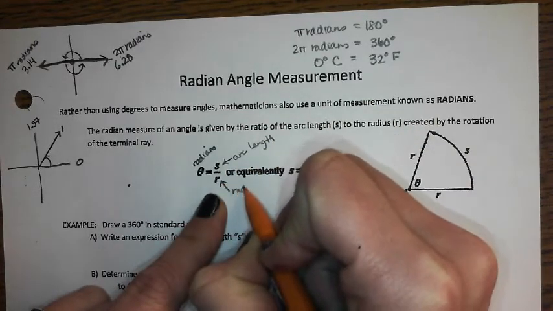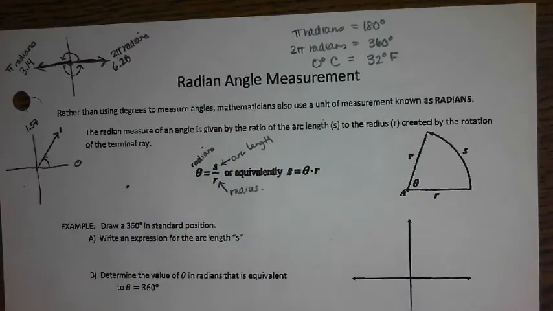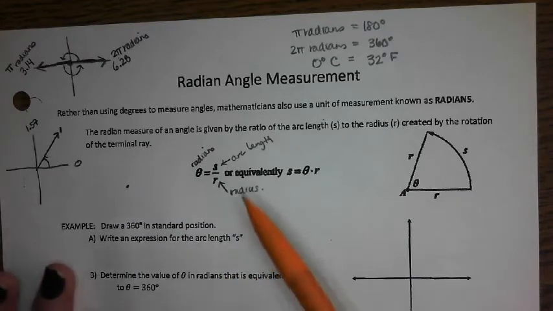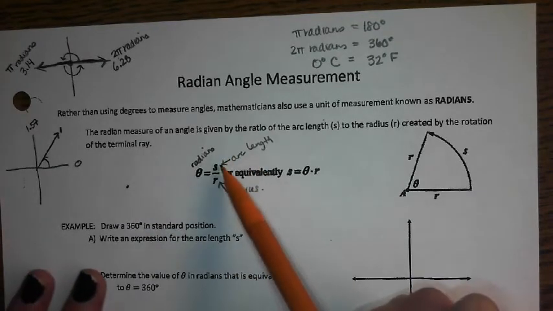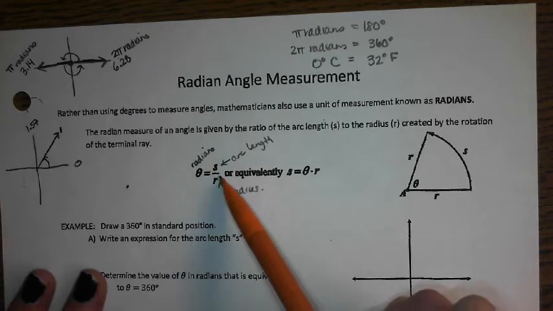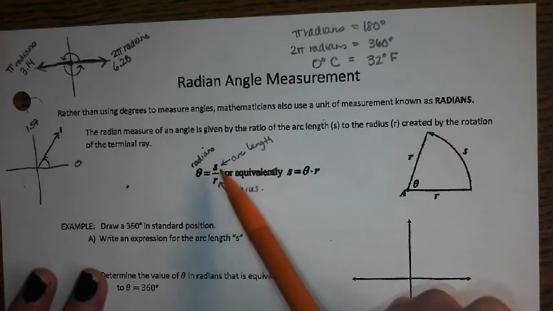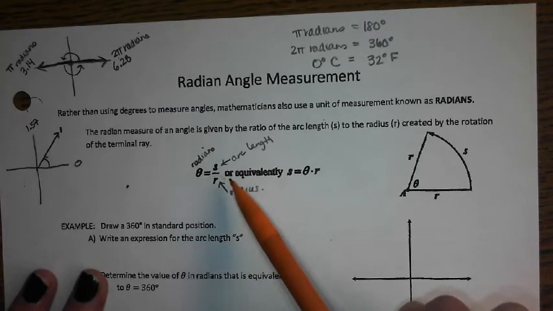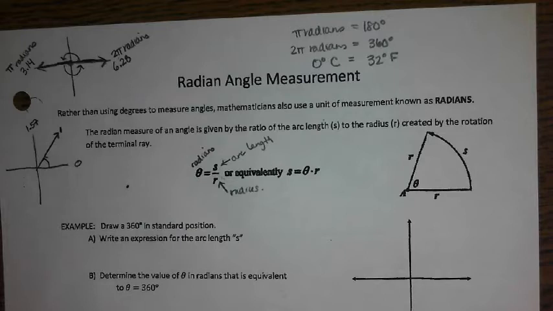That stands for the radius. So in my illustration, let's say the arc length was 5 inches, and your radius is also 5 inches. 5 over 5 is 1, and in that case, theta would be 1.